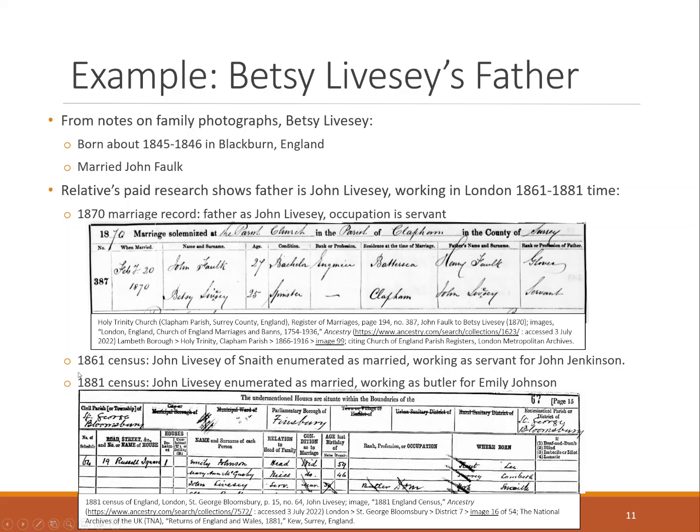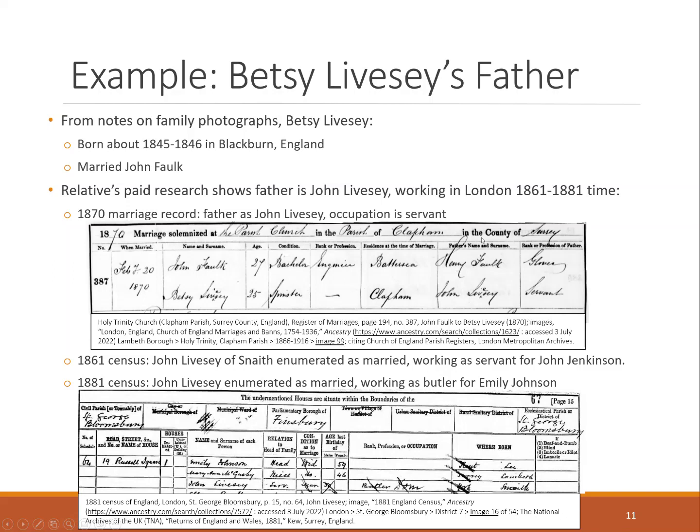So the researcher, the genealogist who did this work, had also given this information that in 1861, John Livesey of Snaith was enumerated working in the London area.